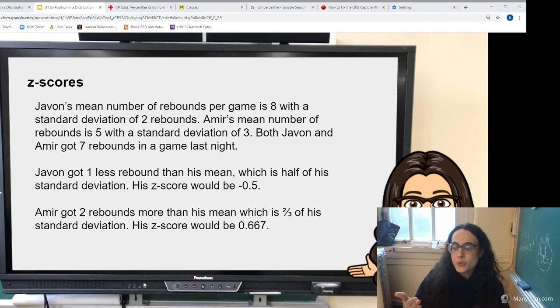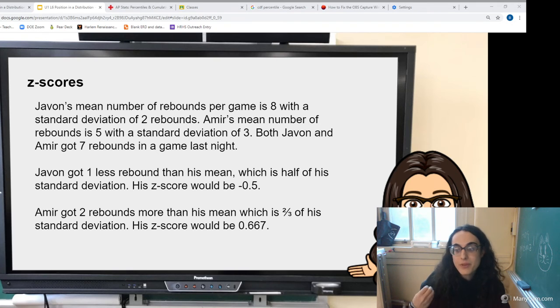If we take a deviation of 2 rebounds, divided by the standard deviation of 3 rebounds, 2 divided by 3 gives us 2/3. So his Z-score would be positive 2/3 or 0.667 if we're stopping at 3 decimal places.